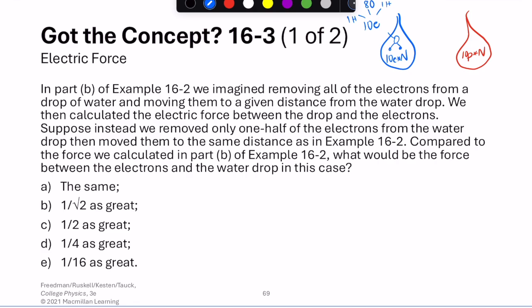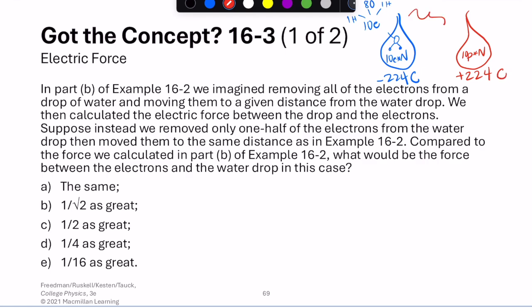Reviewing example 16.2, we had negative 224 coulombs of charge from the electrons in one drop, and positive 224 coulombs in the proton drop.